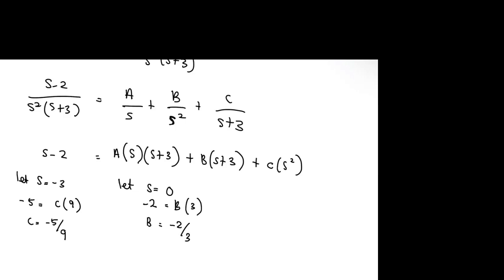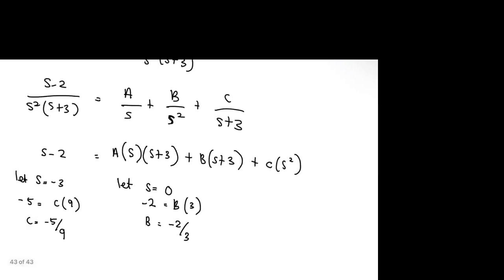Now to find A, you cannot make B and C go to 0, because they don't have a common factor. So what you can do is choose whatever value you want. Let's choose a smaller value: let s equal to 1. So 1 minus 2 is minus 1.